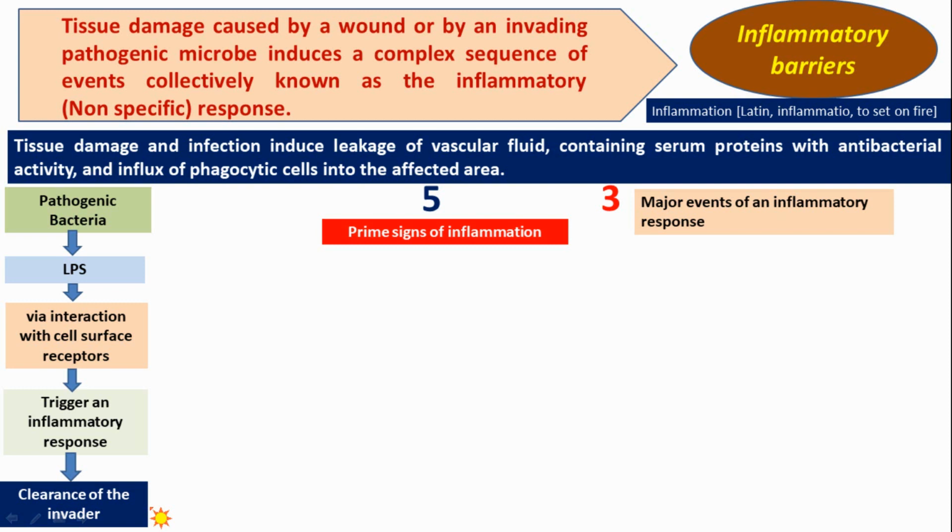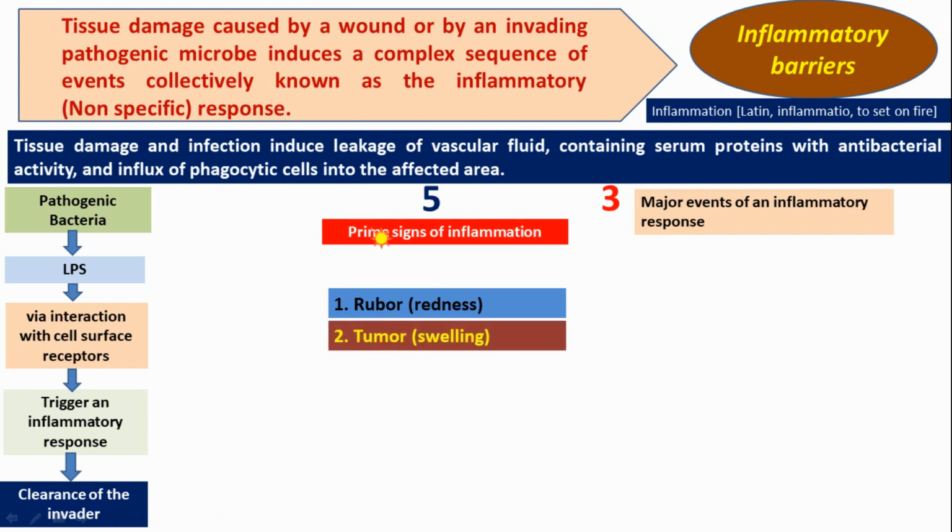So what are these 5 prime signs? First we will discuss those 5 prime signs. The first one is rubor. Rubor means redness. The second prime sign, or cardinal sign, is tumor. Tumor means swelling.